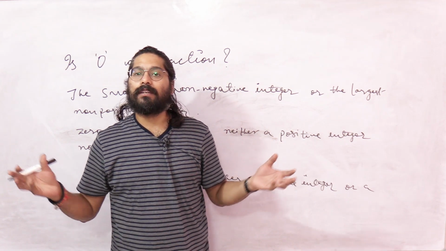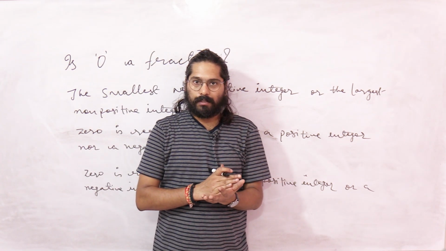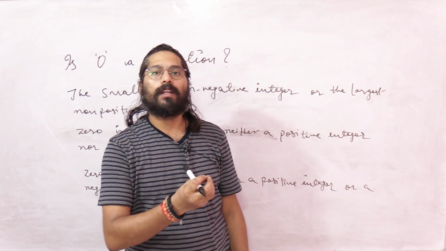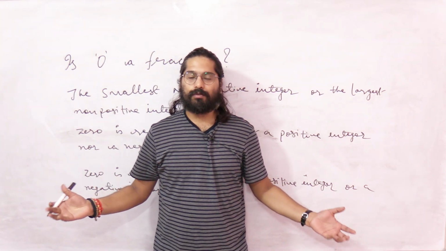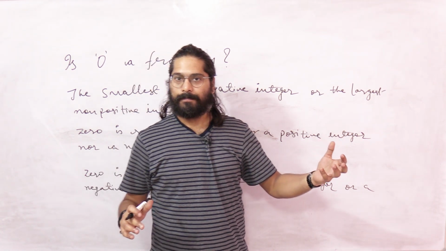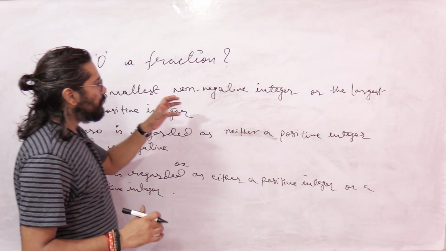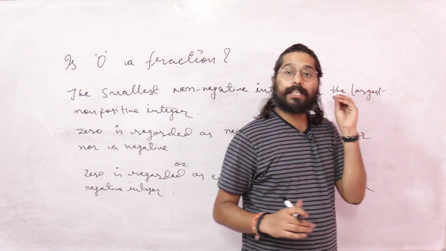0 means empty, nothing. In Sanskrit, 0 is called shunya: nothing, empty. So, 0 means empty. This is its core basic definition. But here, you can see 0 is an integer.